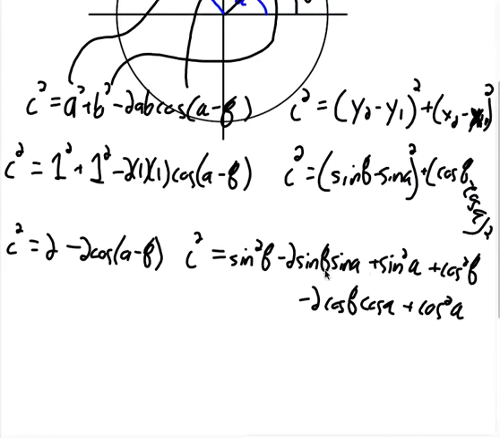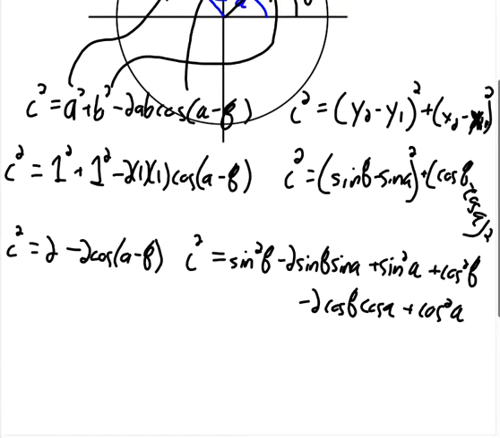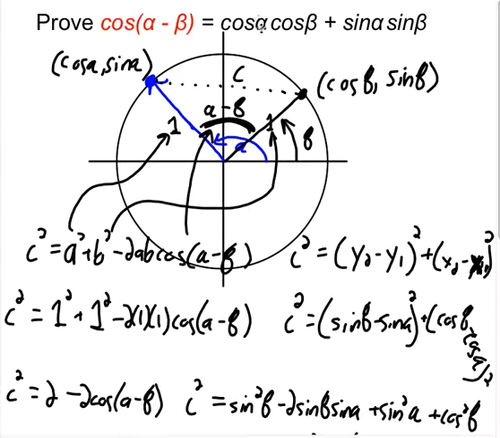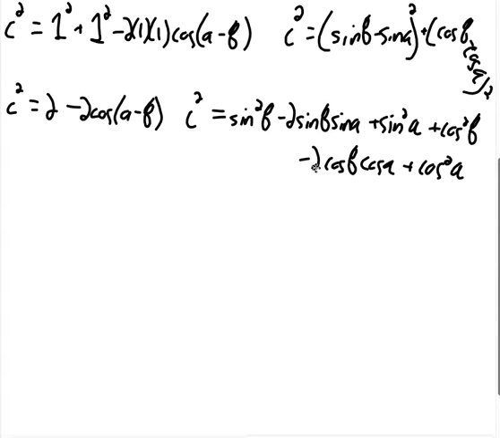The right side's kind of ugly, and I noticed I have sine of beta first, and then sine of alpha. Same thing with cosine beta, then cosine alpha. I'm going to switch those around when I simplify just so that we get the same order, alpha, beta, alpha, beta. I think it's a little easier to keep in your head.